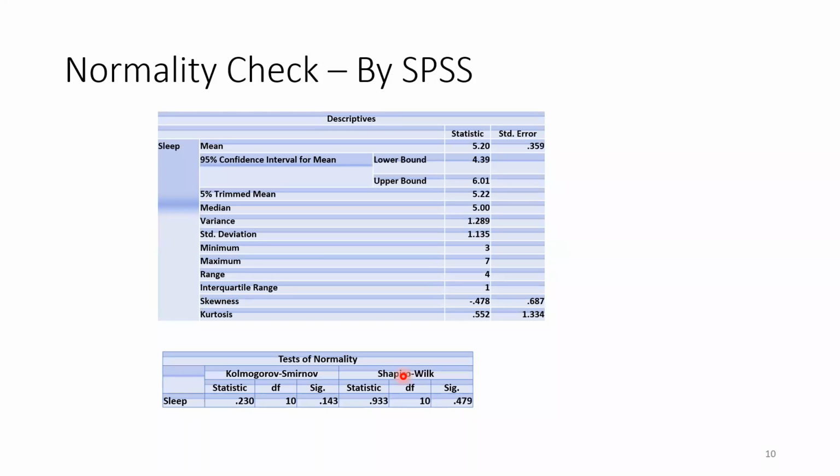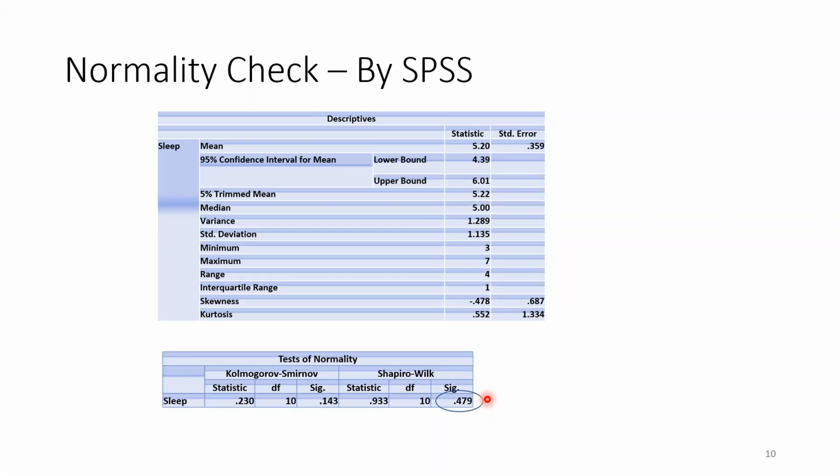In this output of SPSS, there will be many tables and graphs. We have to look for the table called Tests of Normality. In the tests of normality, the Sig value is nothing but the p-value. If the p-value is more than 0.05, we accept that the data follows a normal distribution.